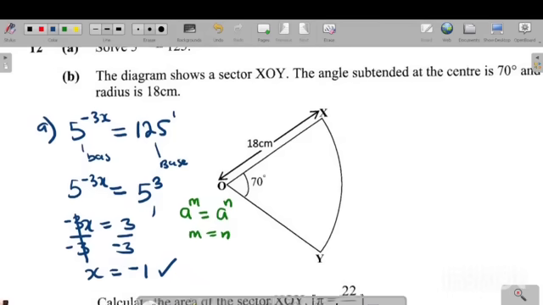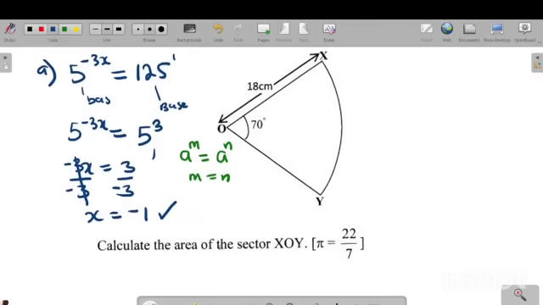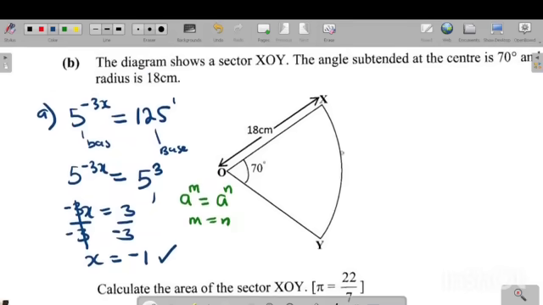So now the question says, calculate the area of sector XOY, taking pi to be 22/7. So they want you to find the area of this sector. So the area of a sector is given by theta over 360 degrees times pi r squared.